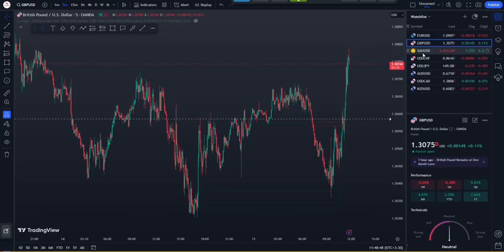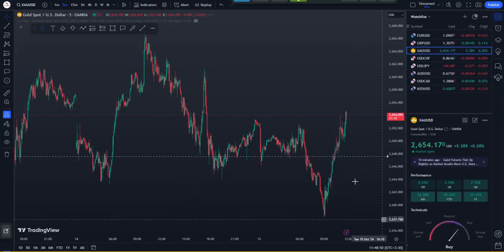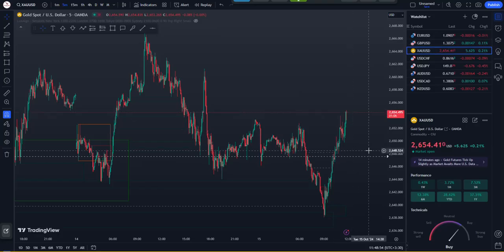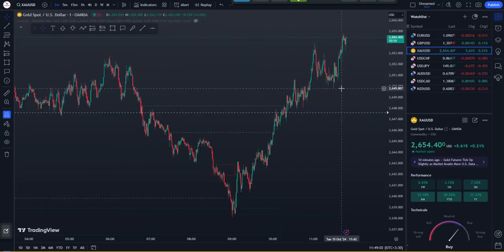That's a good area, not for long actually. I accept lower than that for long. Gold price goes up, making highs again. Inside of that, it's going to be a good level and make a high.